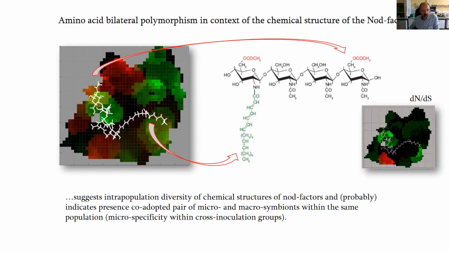And this picture suggests that there is intra-population diversity of chemical structure of Nod factors, and probably indicates the presence of a co-adapted pair of micro and macro symbionts.